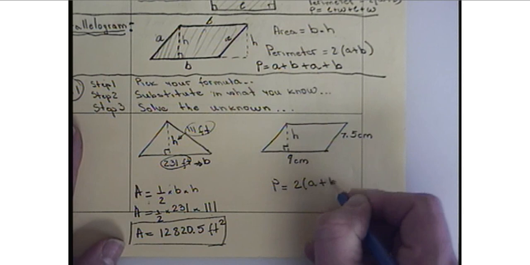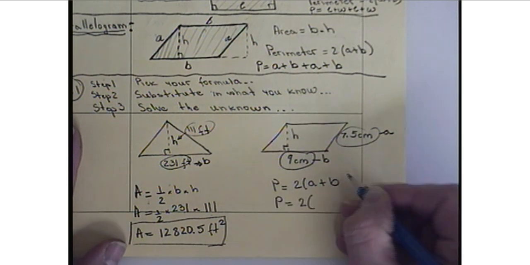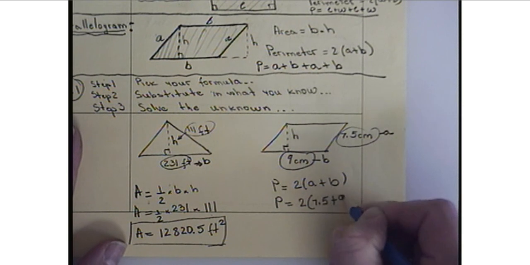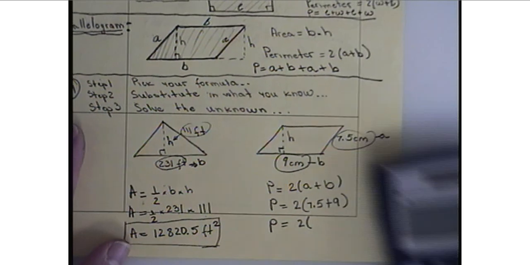If I want to use the short formula, 2 times a plus b, you know that this is what a is equal to and this is b. So the perimeter will be equal to 2 times a is 7.5 plus 9 for b. So 2 times, let's go ahead and calculate that.